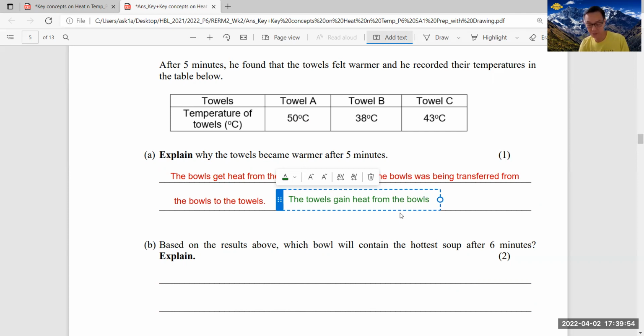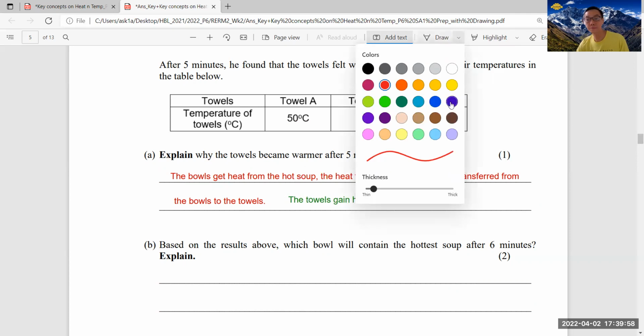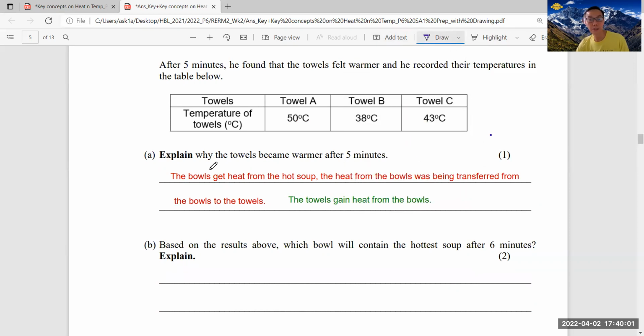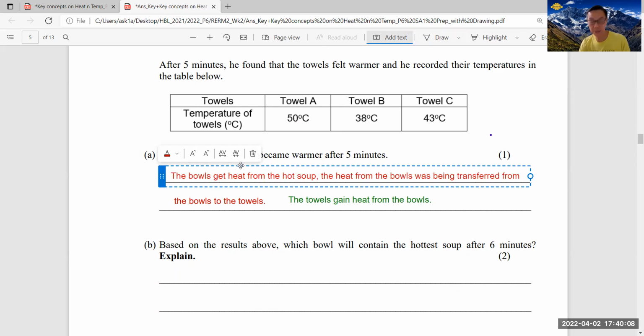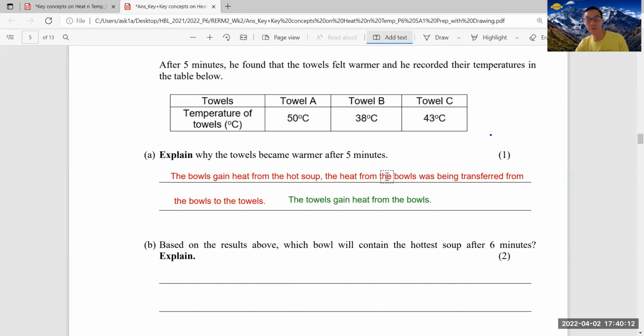The bowls gain heat, not get heat. The bowls gain heat from the hot soup. The heat from the bowls was being transferred from the bowl to the towels.